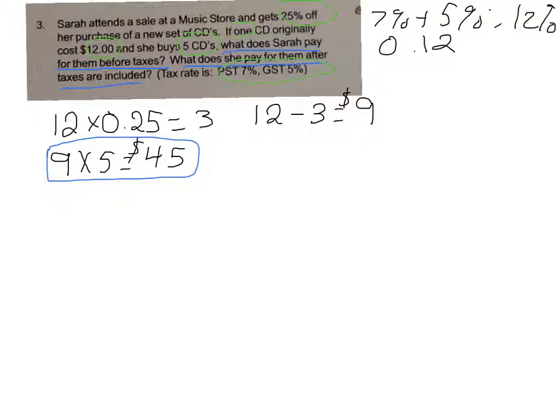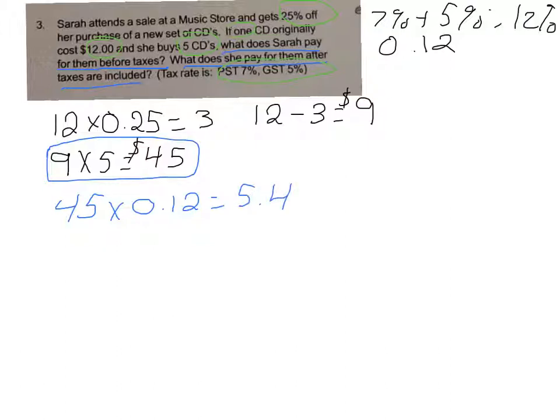So there's the first part of my answer right here. It said, what does she pay before taxes? Well, I've got 5 CDs. They're costing $9 each, and 9 times 5 is 45. So now all I have to do is take my $45 and multiply it by my tax rate to get my taxes and then add those together. So again, 45 times 0.12, putting my tax rate in the calculator, I get 5.4.